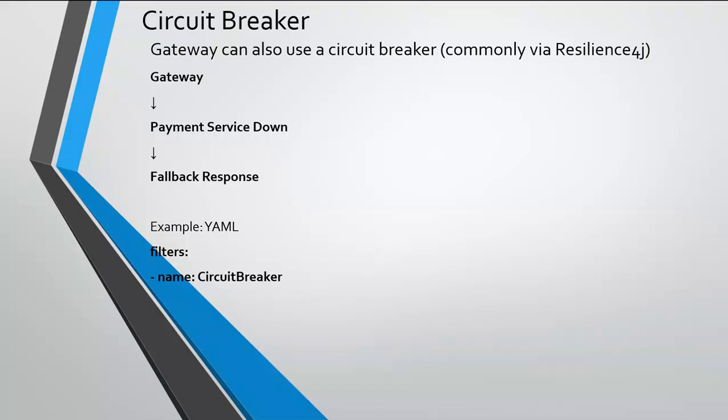So the circuit breaker configuration is like this. It will come to the gateway, then if the payment service is down, then a fallback response. Circuit breaker, we commonly know this, right? Commonly via Resilience4J, we use it for handling repeated failures.